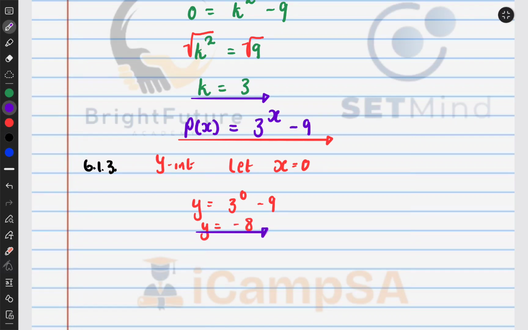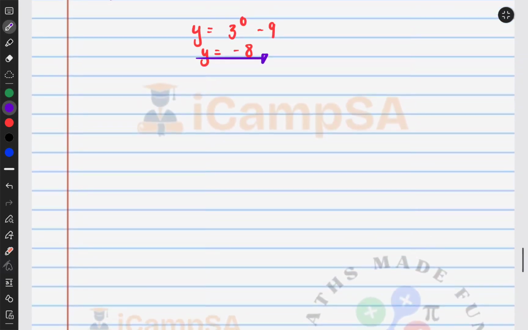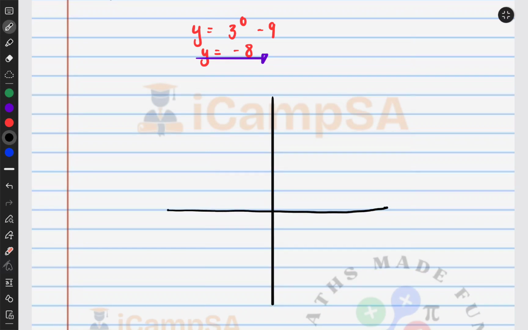Once we are here, we can sketch. We're going to use intervals of 2 because we are dealing with big numbers here.